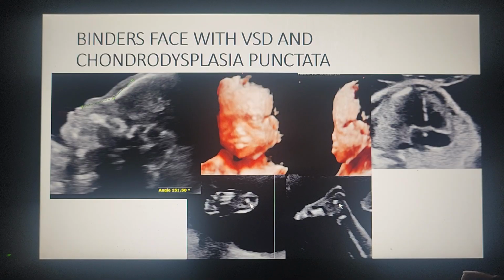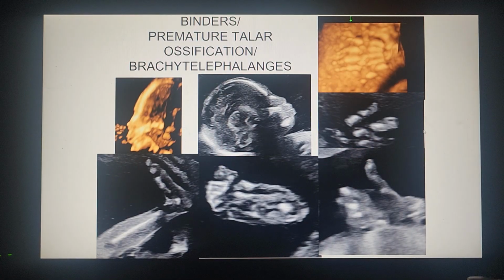Now this is another fetus where there was a binder's face shown on 2D and on 3D with a premature ossification and a ventricular septal defect. This is another fetus where, apart from the typical binder's facial features and apart from the premature ossification of the talus, there is also a hypoplasia of the terminal phalanges as shown here on 3D and as shown here on 2D.